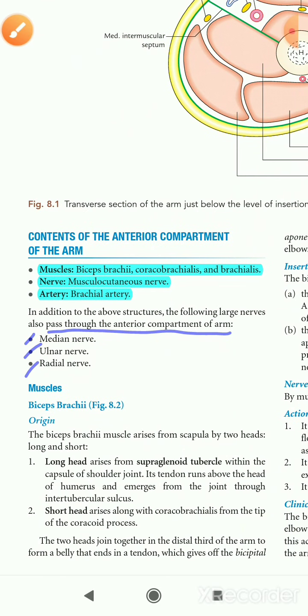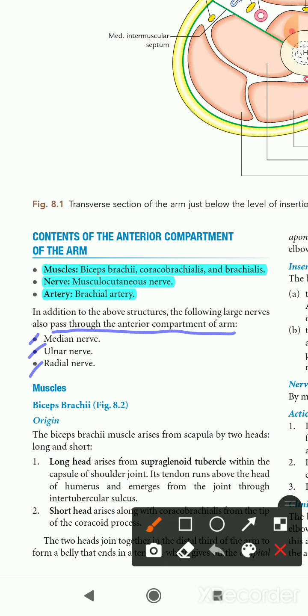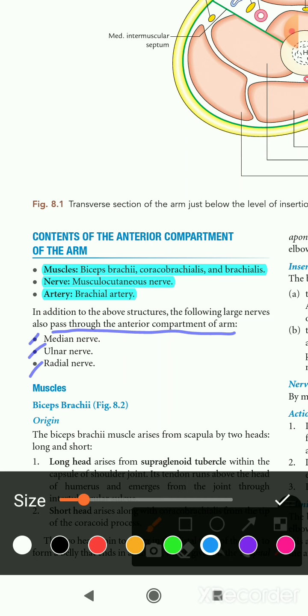So let's start with the anterior compartment of the arm. In the anterior compartment we already said there are three muscles: biceps brachii, coracobrachialis, and brachialis. And we already studied that each compartment has its own nerve supply and blood supply.